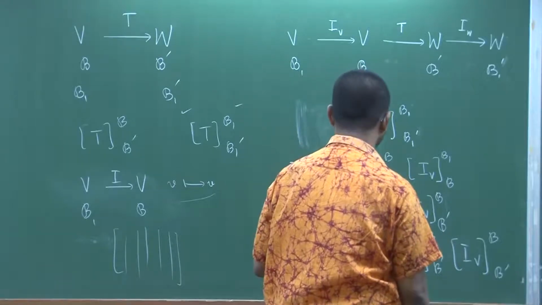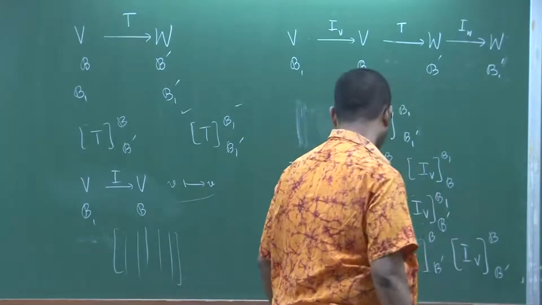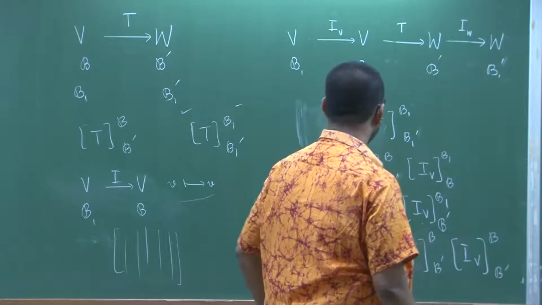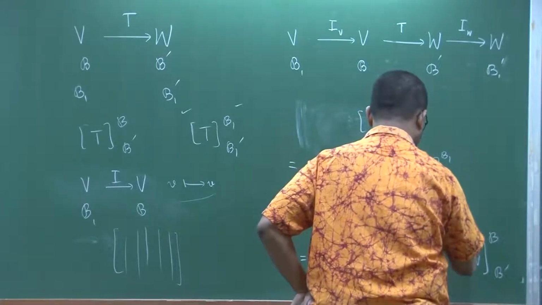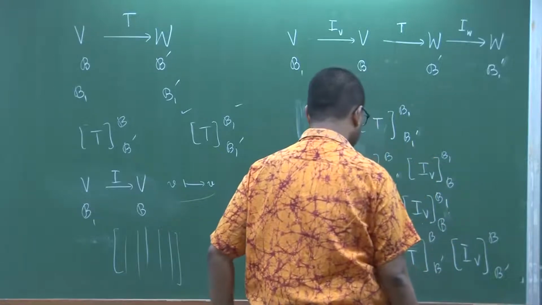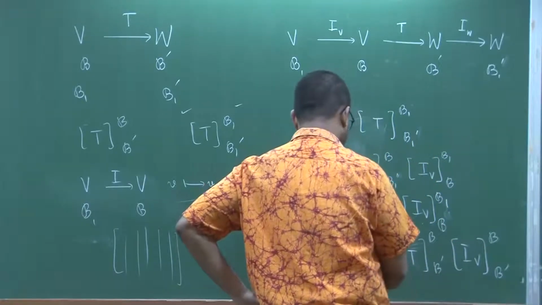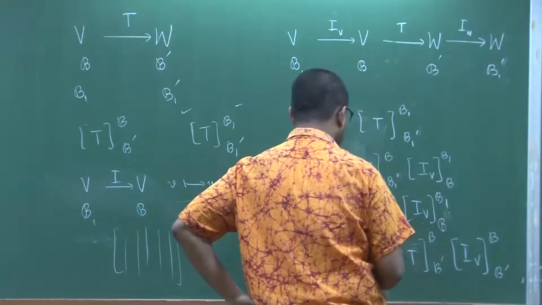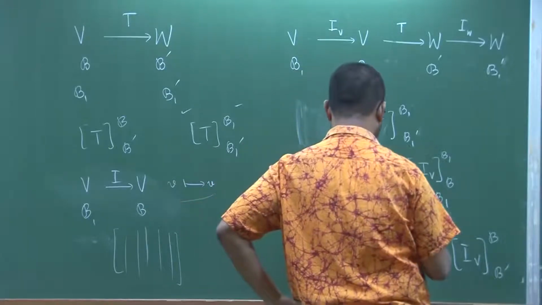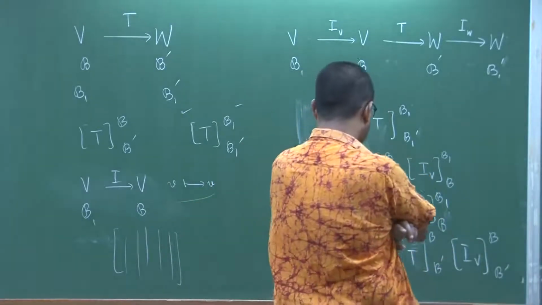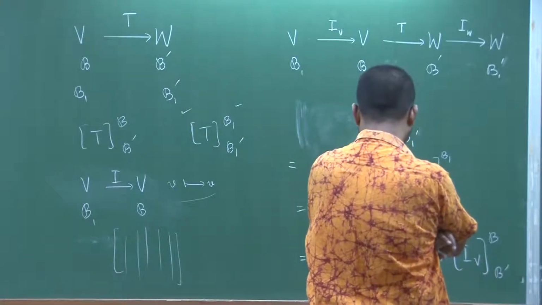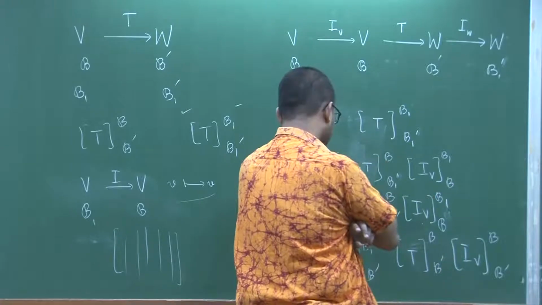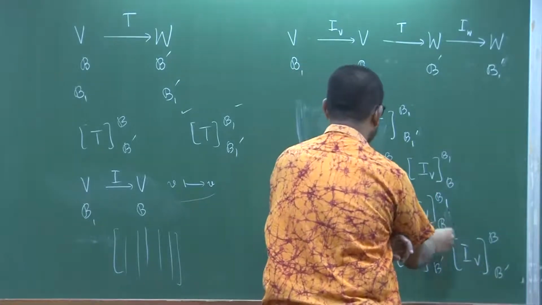I_V with respect to B1, this is B, yes, now it is fine. So, ultimately we need B1 and B1 prime. So, this cancels this, and so we get this.